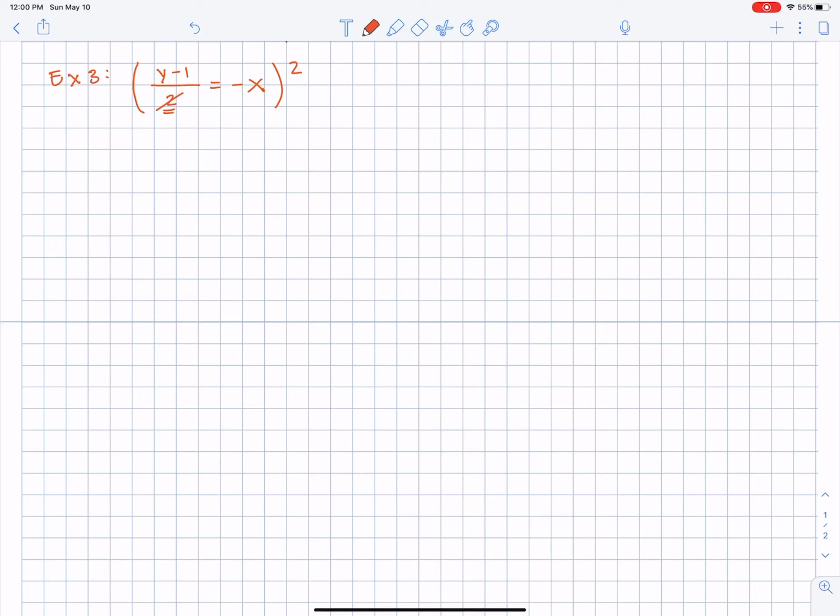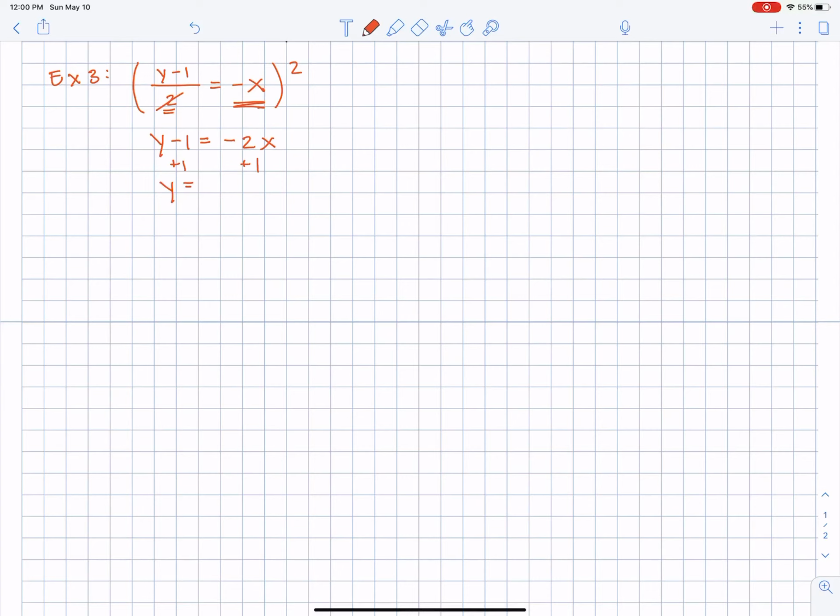So the only thing left here on the left side of the equation is y minus 1, but you of course have to multiply this negative x by 2, so negative 2x. Okay, now that all the fractions are gone, we can still go ahead, we're going to isolate that y. That's our goal, to get y by itself.